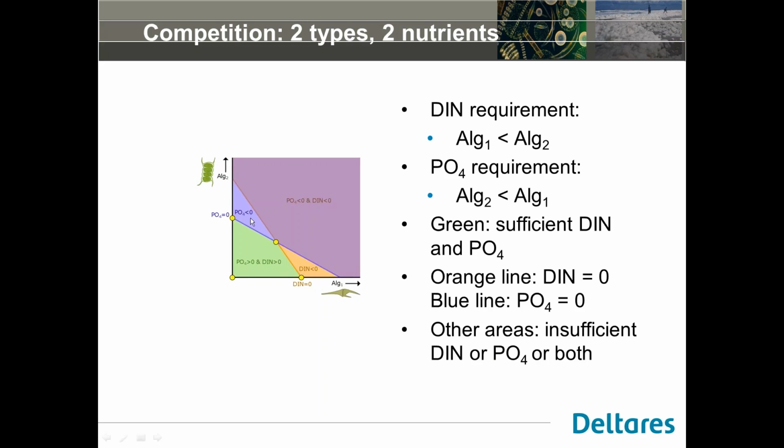The orange line shown over here indicates nitrogen limitation, and the blue line represents phosphorus limitation. So in the other areas, either PO4 or DIN or both PO4 and DIN simultaneously are insufficient to support the amount of biomass that would be required to be in this area.